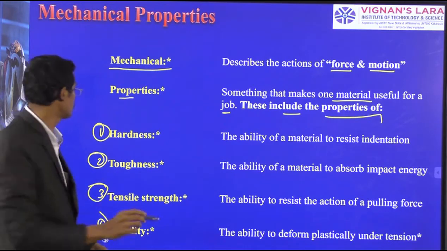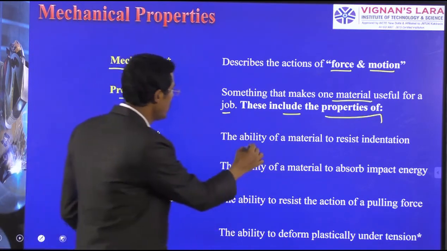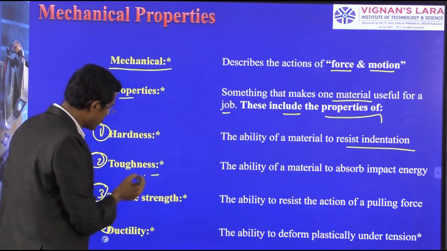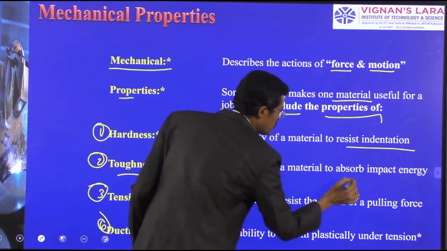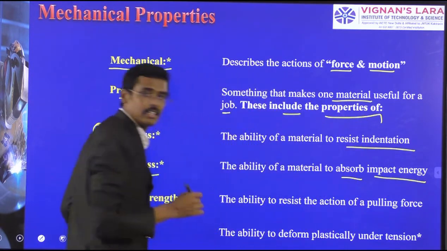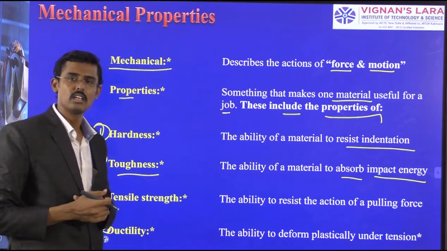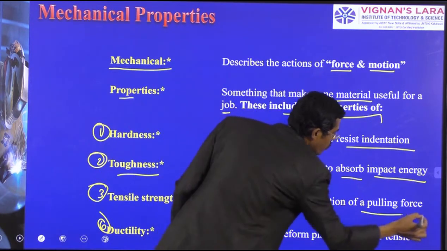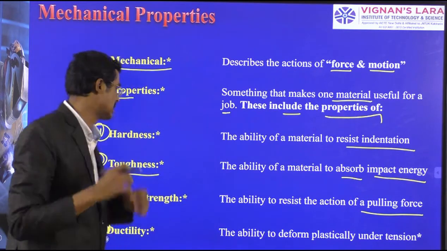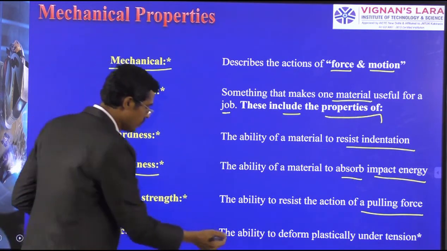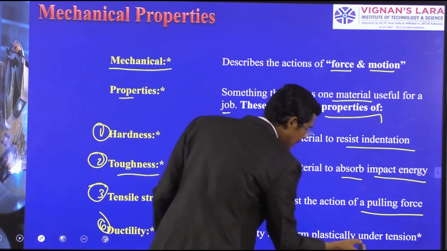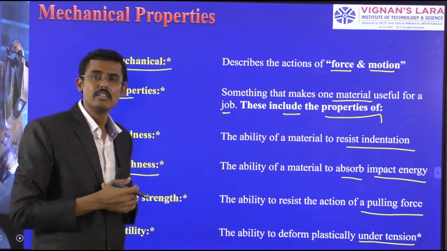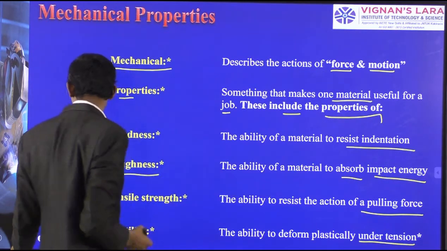I define hardness as the ability of the material to resist indentation, and toughness as the ability of the material to absorb impact energy. Tensile strength is the ability to resist pulling forces, how far it is resisting. A ductile material can deform plastically under tension, how far it elongates with respect to the tensile load.